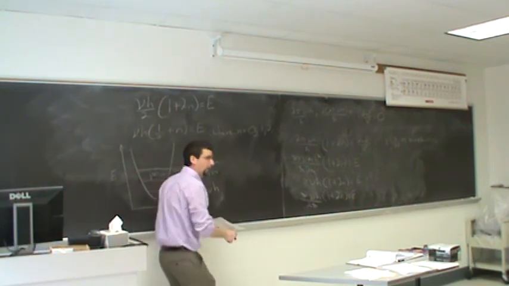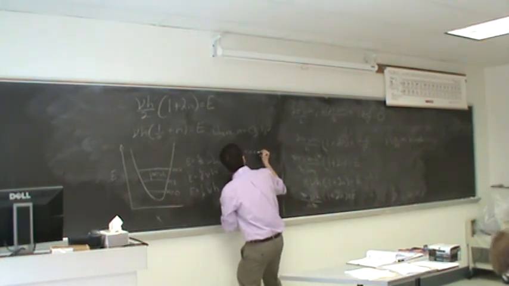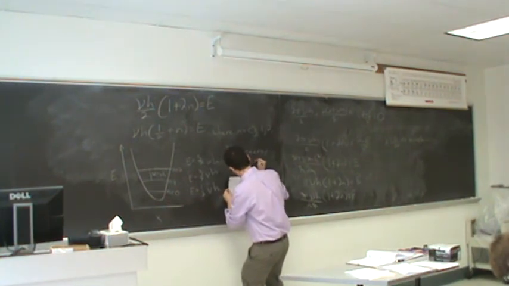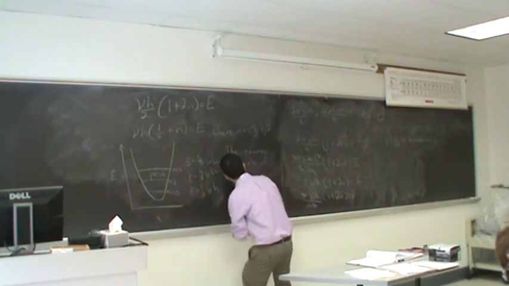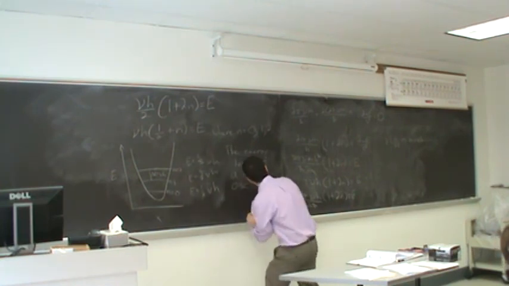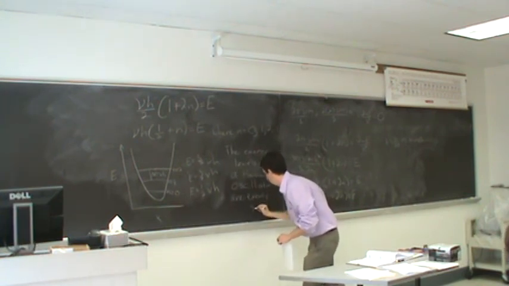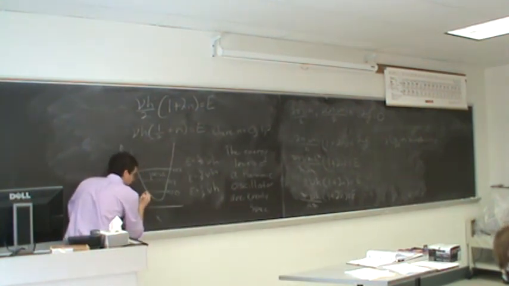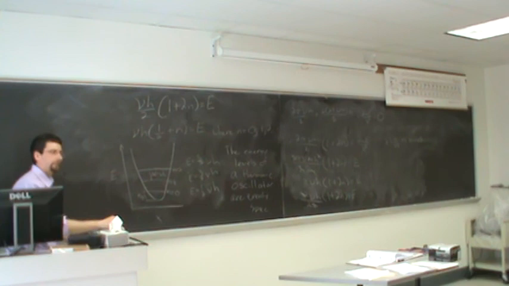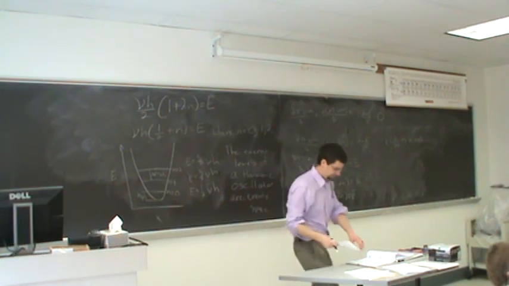So this is an important point: the energy levels of a harmonic oscillator are evenly spaced. And this little difference here, we're going to talk about that next time. That's the zero point energy.